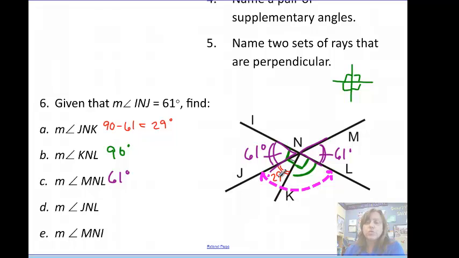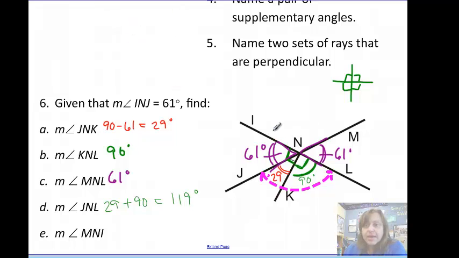So let's use our 29 degrees, and then this angle right here is 90. And we can just add those two together using our angle addition postulate since those are adjacent angles. So this angle would be simply 29 plus 90 degrees for a total of 119 degrees. So that's angle JNL.